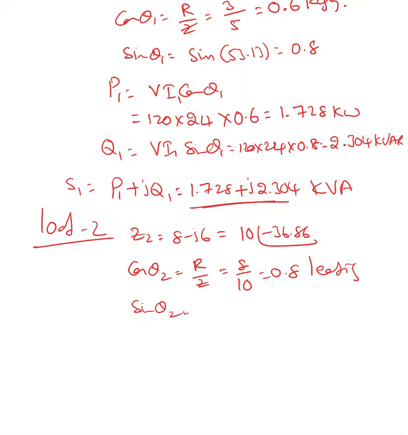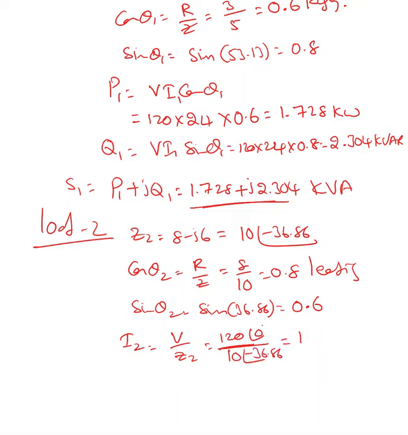So from here you can say sine theta 2 is sine 36.86, that value must be 0.6. Now can we find I2? I2 must be V over Z2. Since it's in parallel, V must be the same. 120 over 10 at an angle of minus 36.86, so 12 amperes at an angle of 36.86. It's a leading power factor.